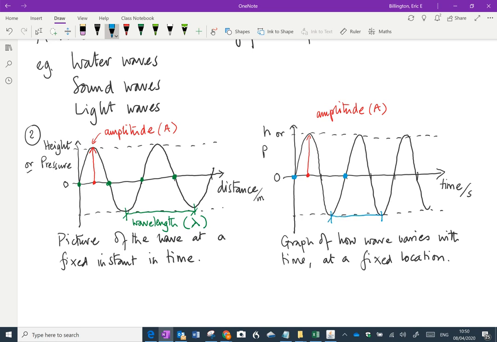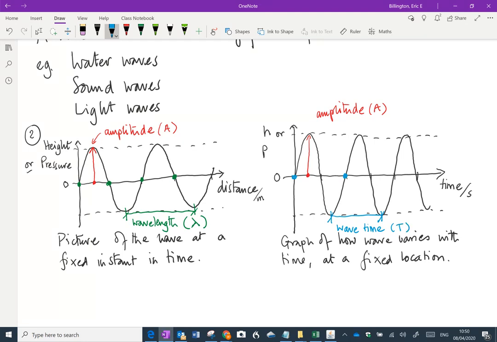In the previous picture in green, this was the wavelength. Now this is the wave time. In green, it was the length of one wave. This is the time for one wave. And this is given the letter capital T.